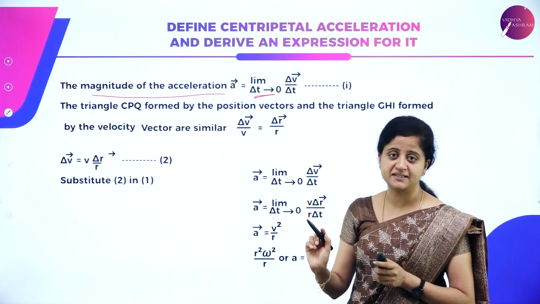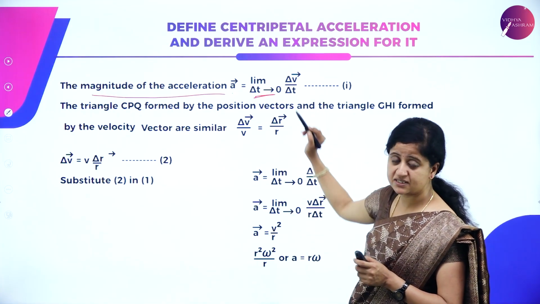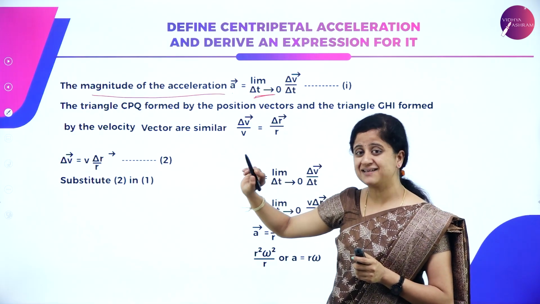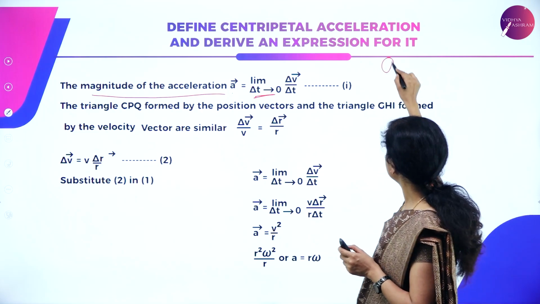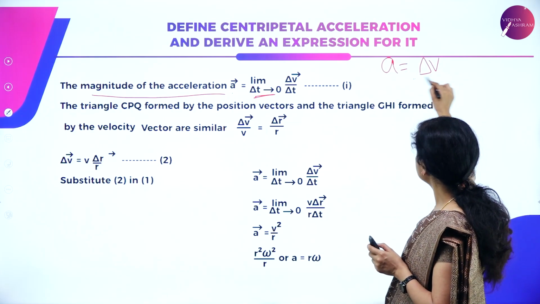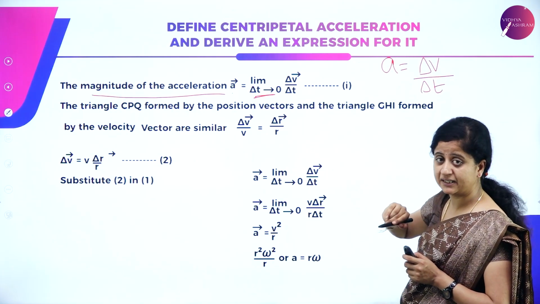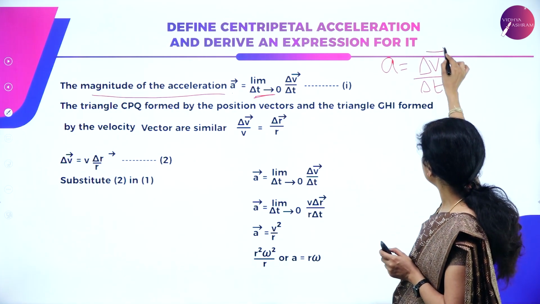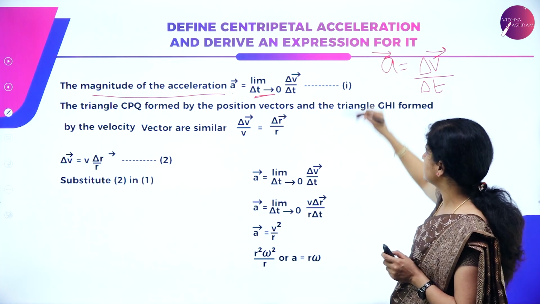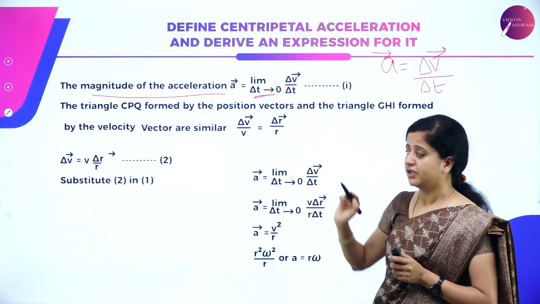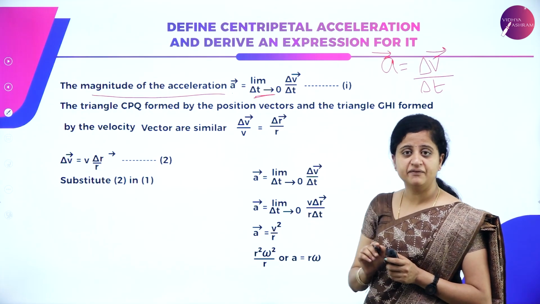In a very small interval, the rate of change of velocity is nothing but acceleration. Since we are writing an expression for acceleration, acceleration is defined as change in velocity per time, that is delta v divided by delta t. Velocity is a vector quantity, and acceleration is also a vector quantity, so they are denoted by a vector symbol on top of acceleration and velocity.